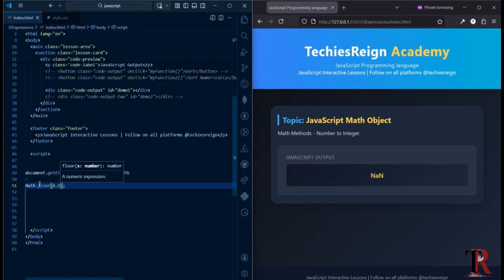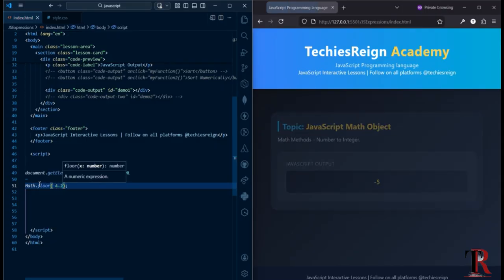The first number is 4.9. And now you can see for Math.floor, it is rounding down the number to the nearest integer. So 4.9 is 4. Now what about 4.7? It's still 4. What about 4.4? It's still 4. What about 4.2? It's still 4. And now let's try the negative number of minus 4.2.